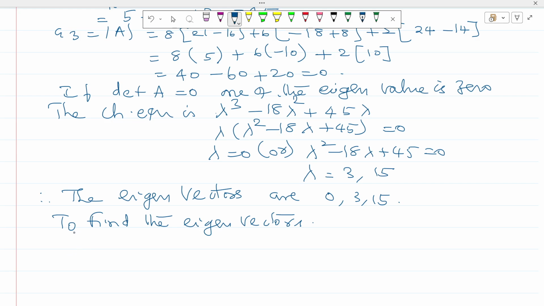So what is to find the eigenvector? First you have to write (A - λI)x = 0. So what is A here?